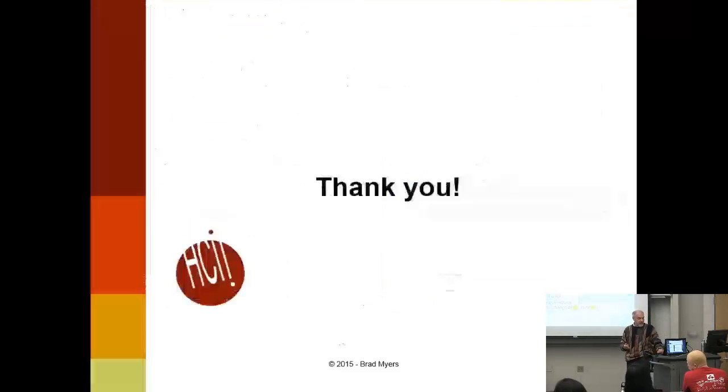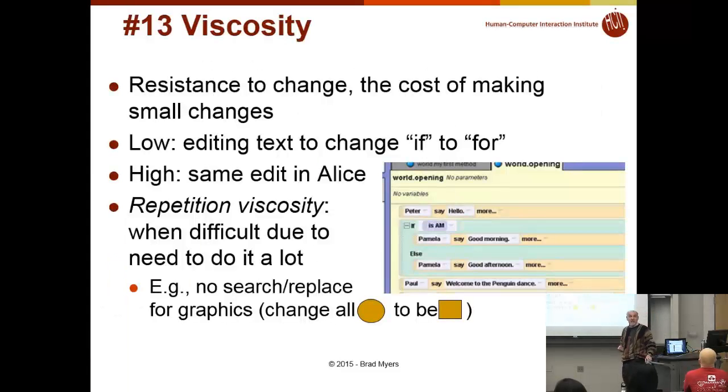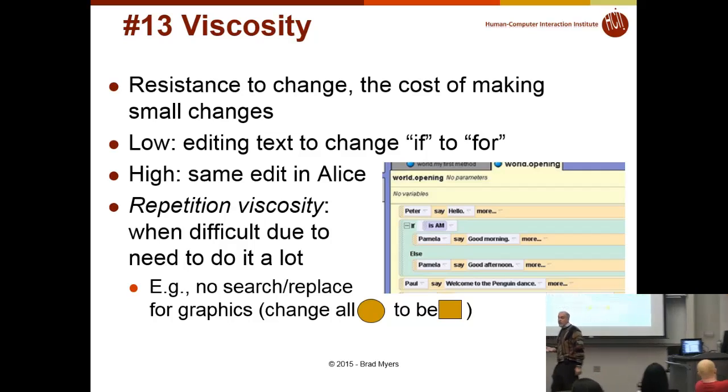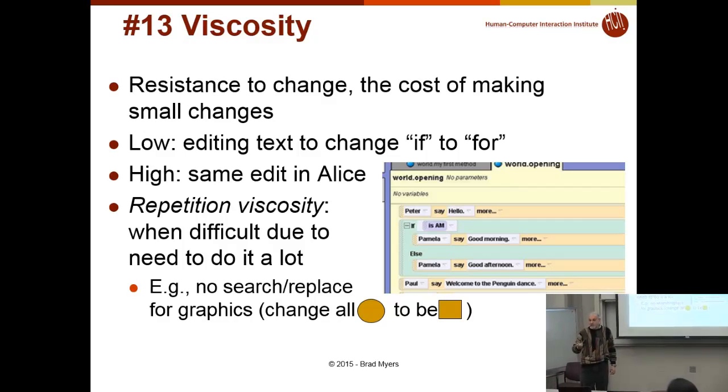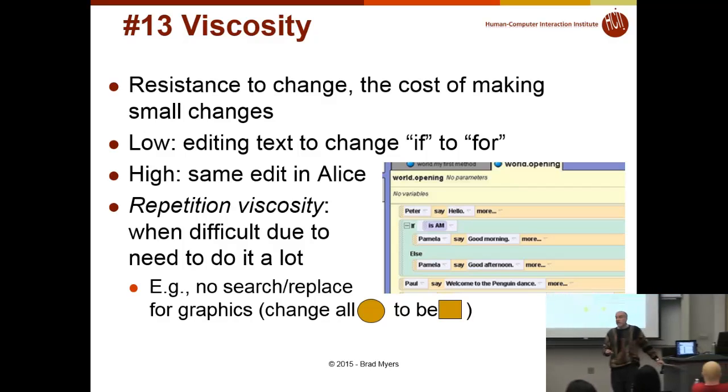And then viscosity, I think that's the last one, yeah. Viscosity is this fun property that talks about how it's hard to change things. So the idea is that most of the time when you're programming, and this is also true of diagrams or PowerPoint, I'm sure a lot of you found this when you were doing your prototype, that some things are easy to do the first time and then really hard to change after the fact, right?